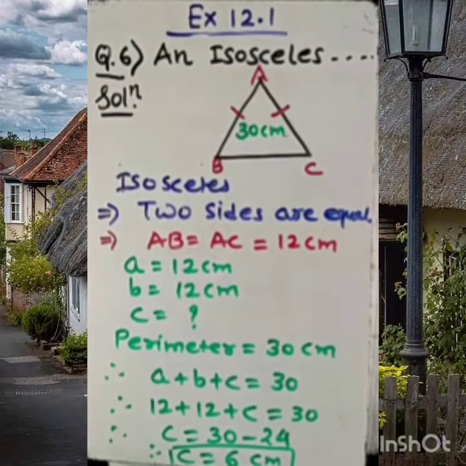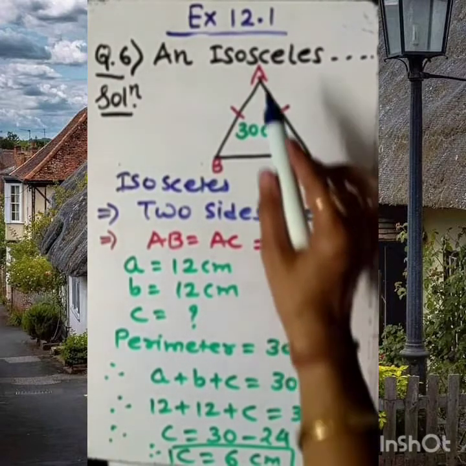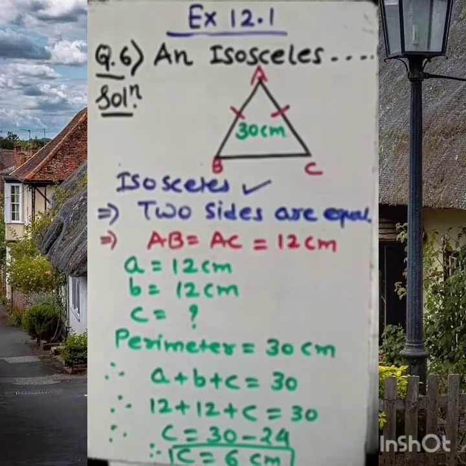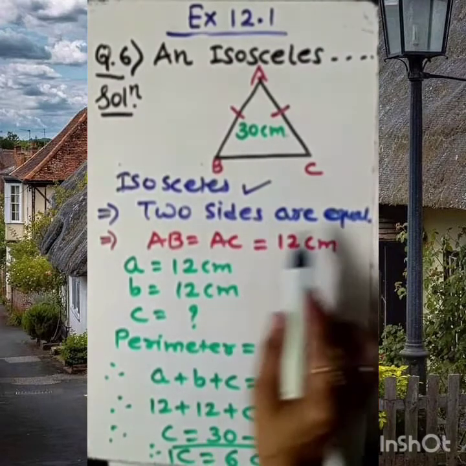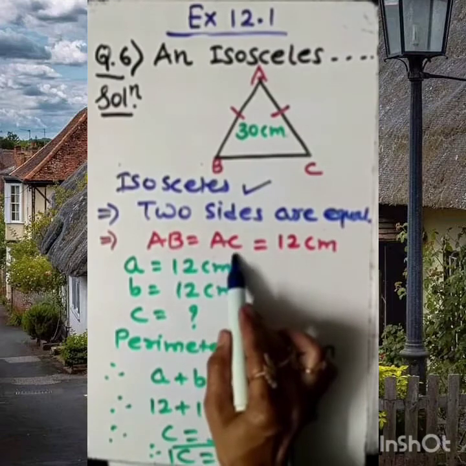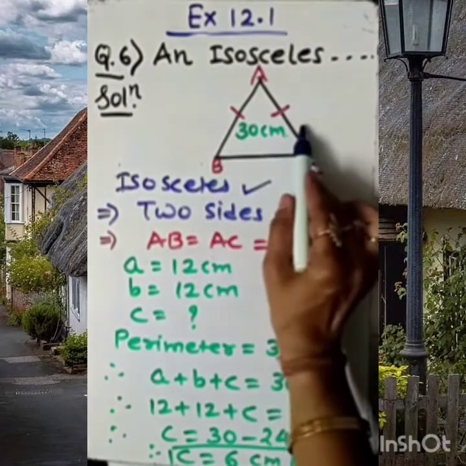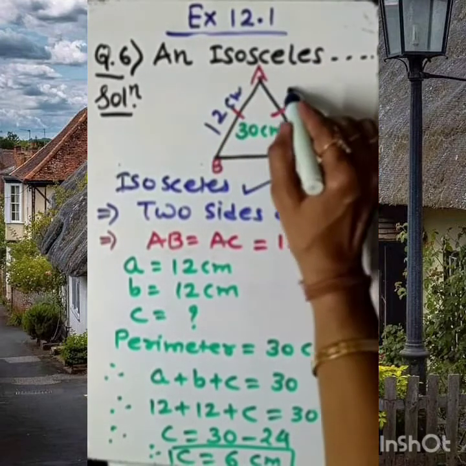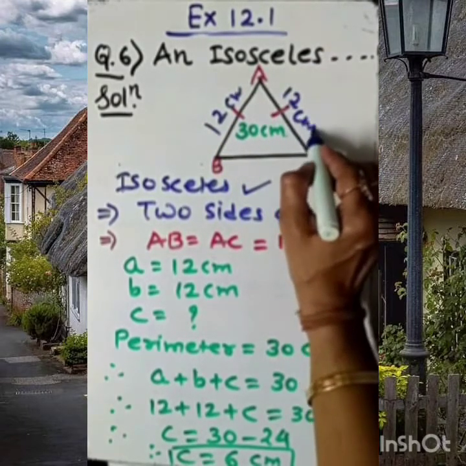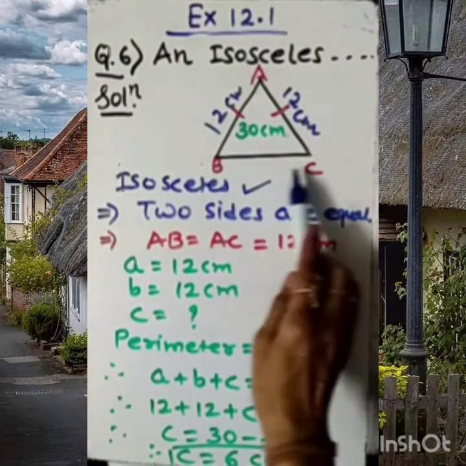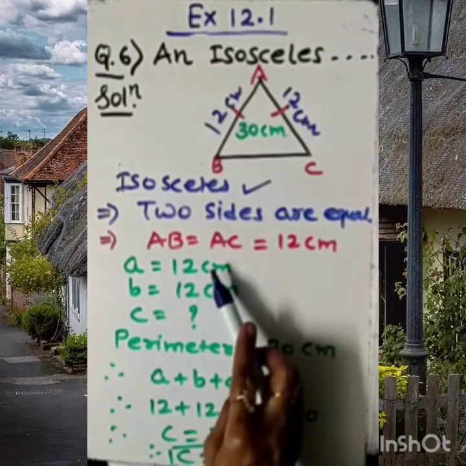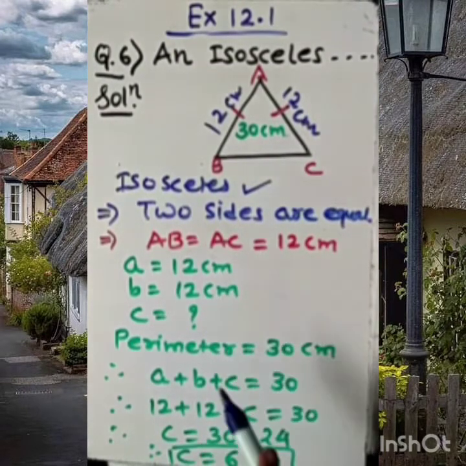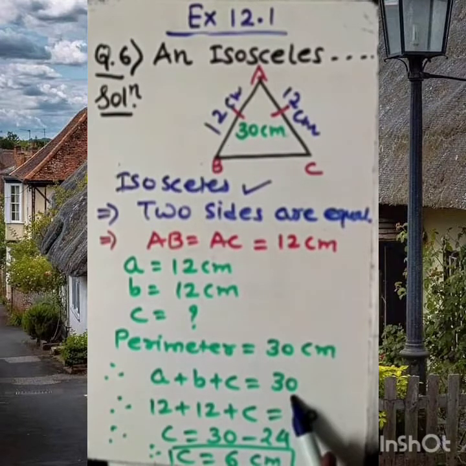Once again I am explaining. Look at your screen. Here ABC is an isosceles triangle which we have considered. Now two sides are equal, let's say AB and AC, so I am mentioning this is 12 and this is also 12 centimeter. So what about the third side? When we subtract the sum of two sides from the perimeter, we get the third side.